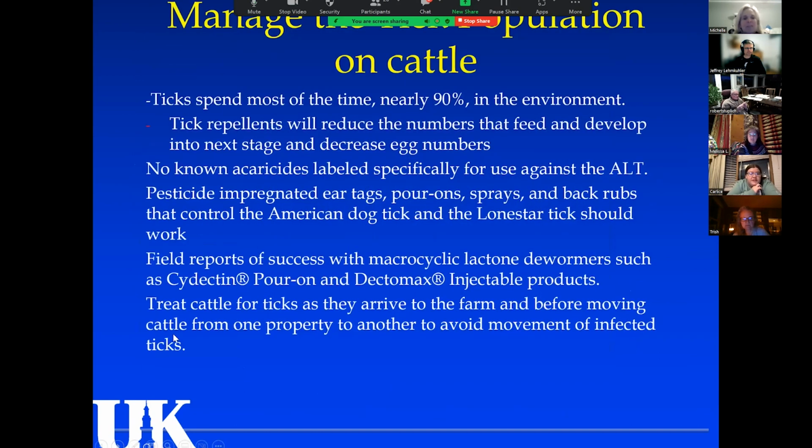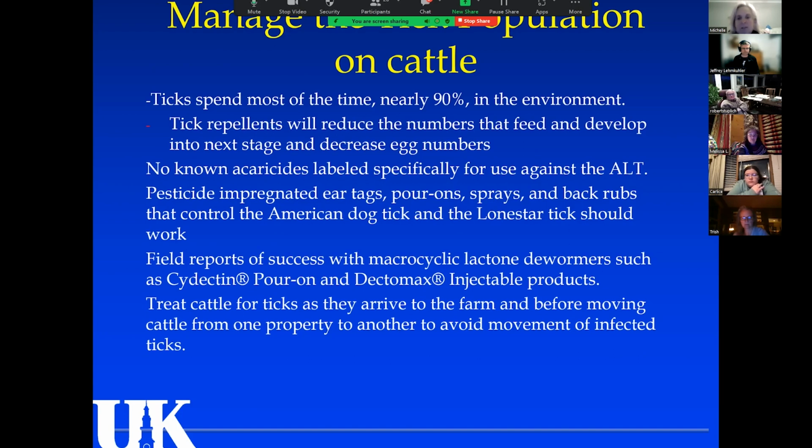Right there. So the ear tags, pour-on sprays, back rubs, and then again the macrocyclic lactone dewormers like Cydectin, Dectomax, Avamec. With permethrins, I assume those work as well. They do.